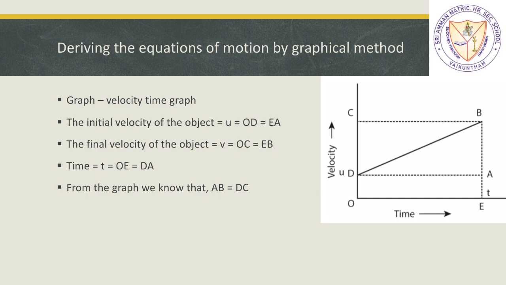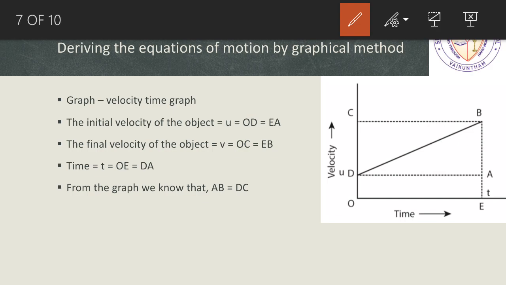We all know that initial velocity is represented by small letter u. Here in the graph, you have to carefully look into this. This is the main graph, showing the object moving with the initial velocity u.